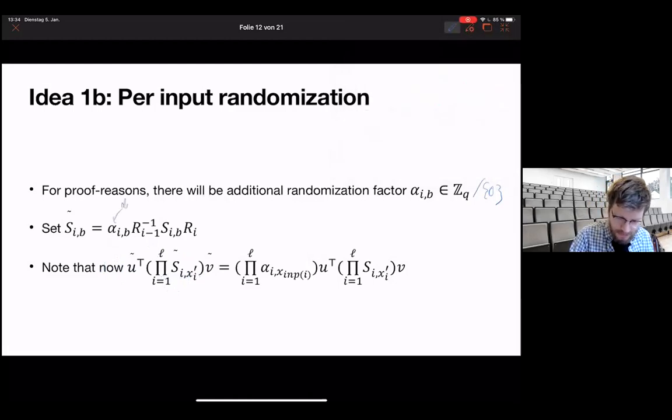Here, this depends on B, and these two, they don't depend on B. If we now evaluate, so we don't change these U tilde and V tilde, and if we now evaluate our branching program, here this doesn't need to be X in, this can be any Xi prime.